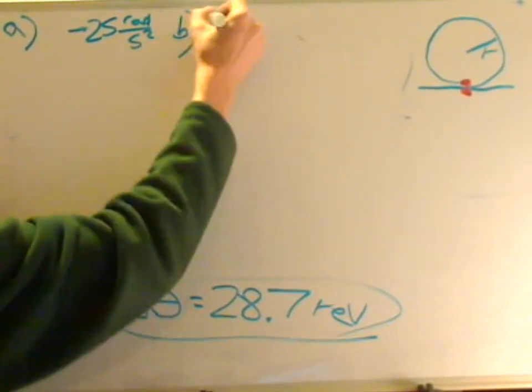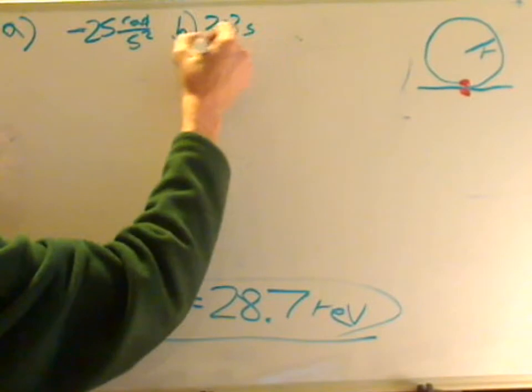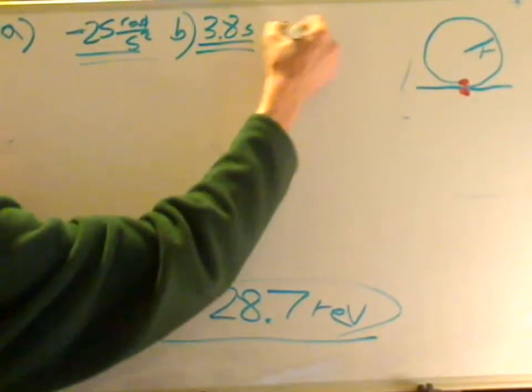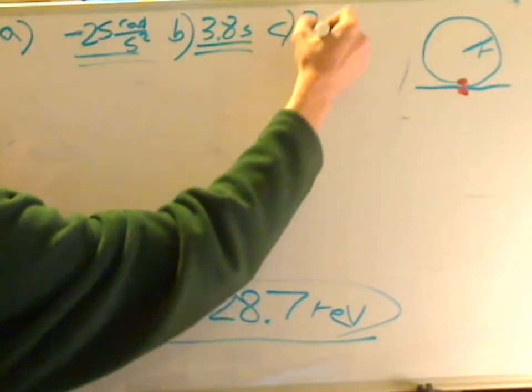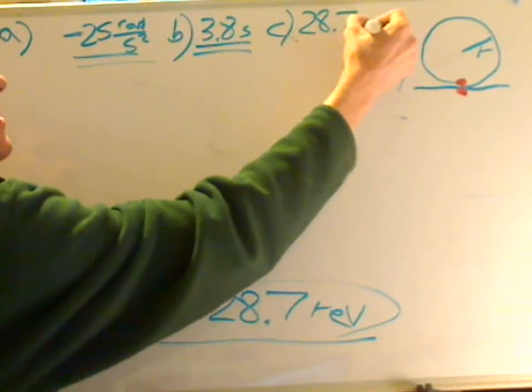Part B we found 3.8 seconds. And then in part C we found 28.7 revolutions.